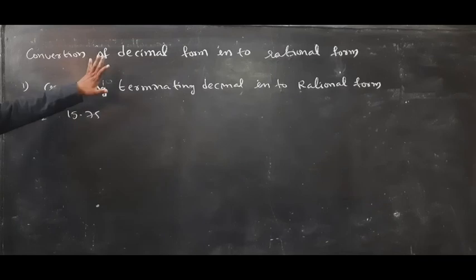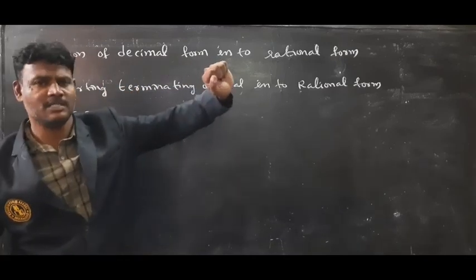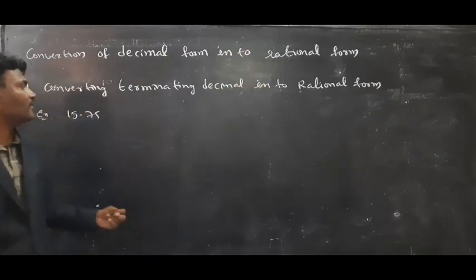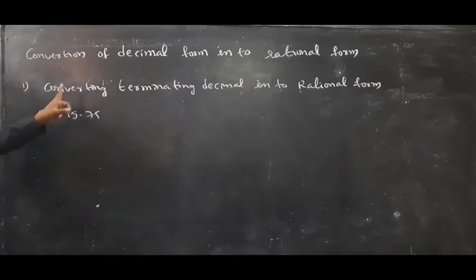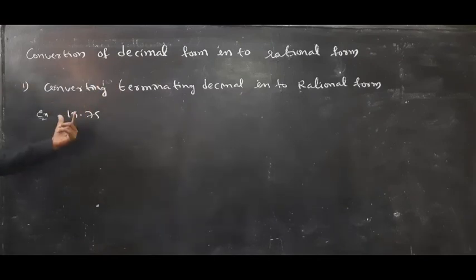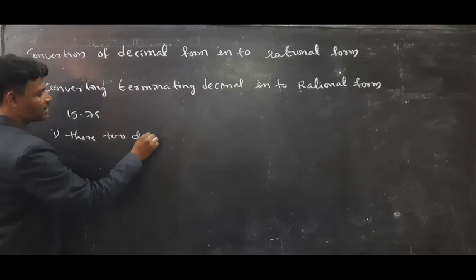Conversion of decimal form into rational form. Already I explained decimals are of 3 types: terminating, non-terminating but repeating. So first I am converting terminating decimals into rational form. Here I took one example, 15.75. First point, there are 2 decimal places.